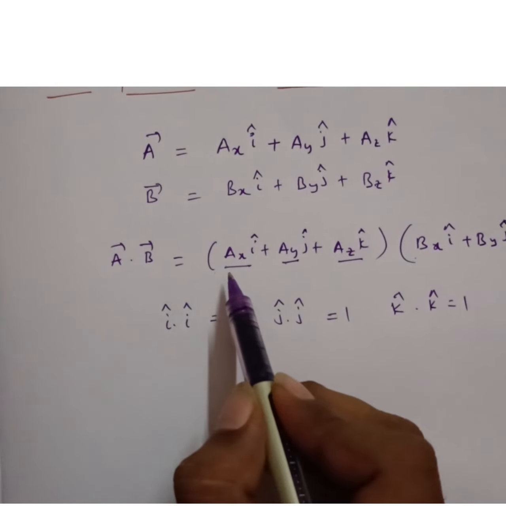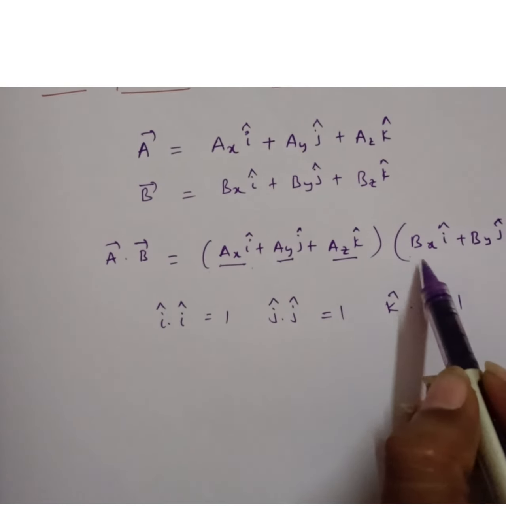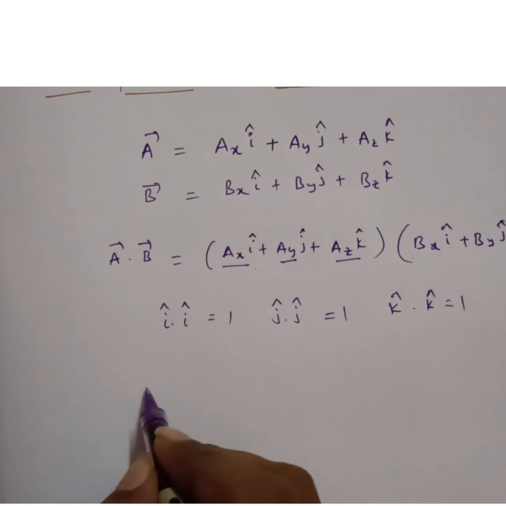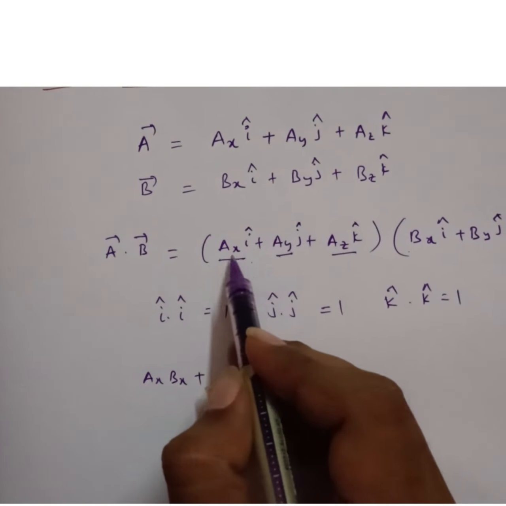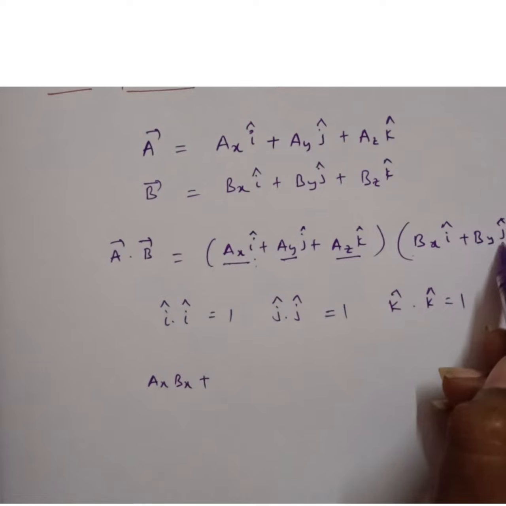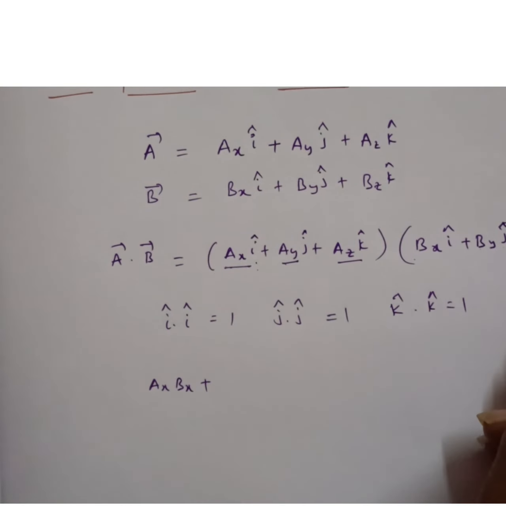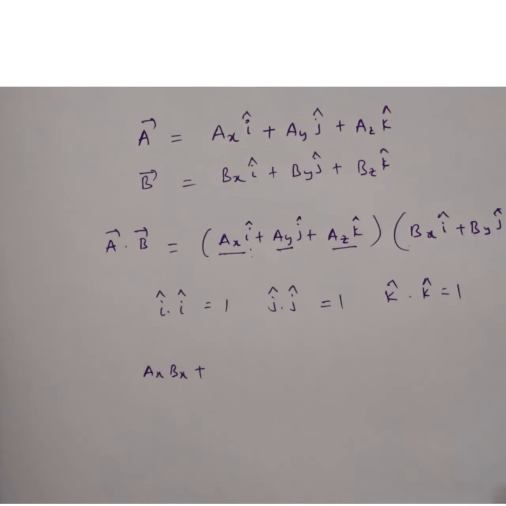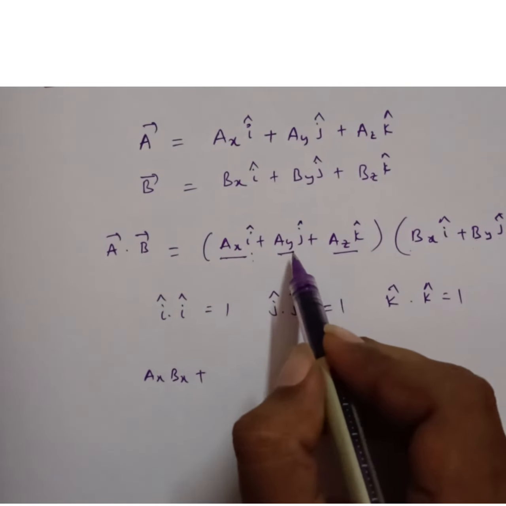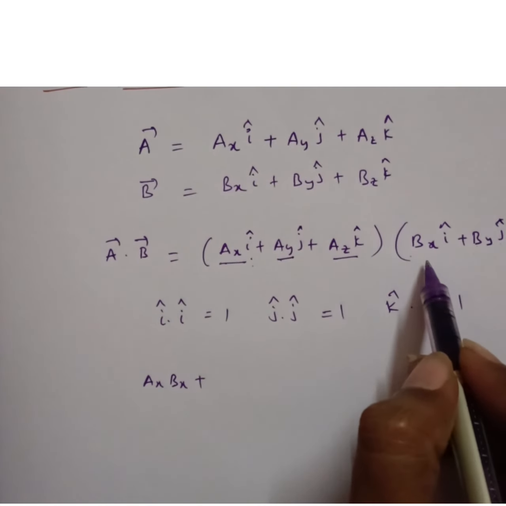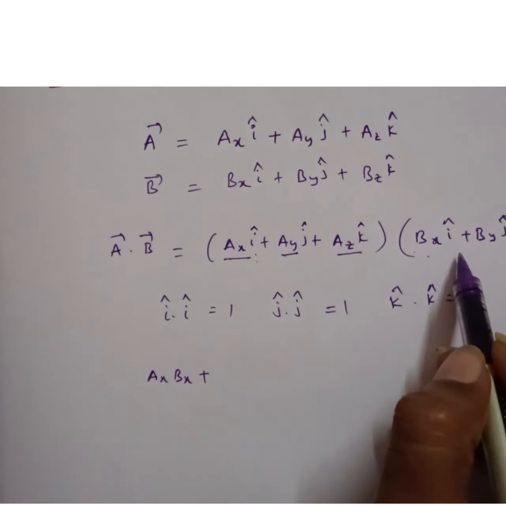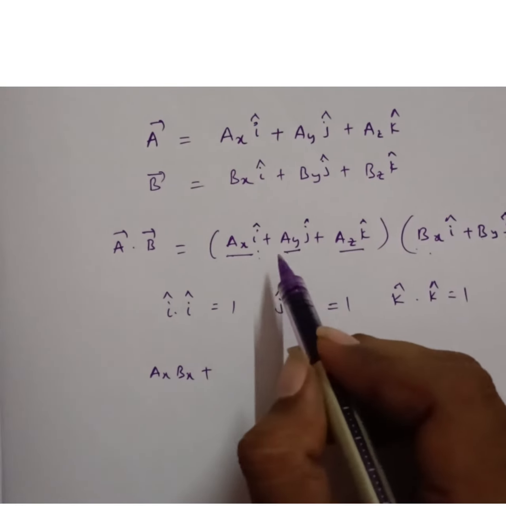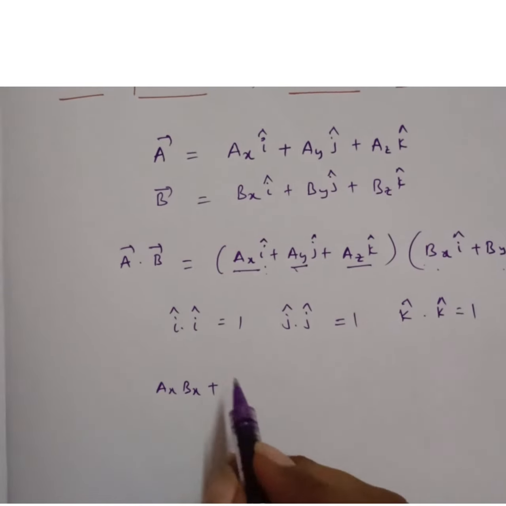So whenever we multiply Ax i with Bx i, we get Ax Bx, plus Ax i with j is 0, Ax i with k is 0. No need to do all. Now Ay j with Bx i is 0, j with i dot product 0, j with j is 1.